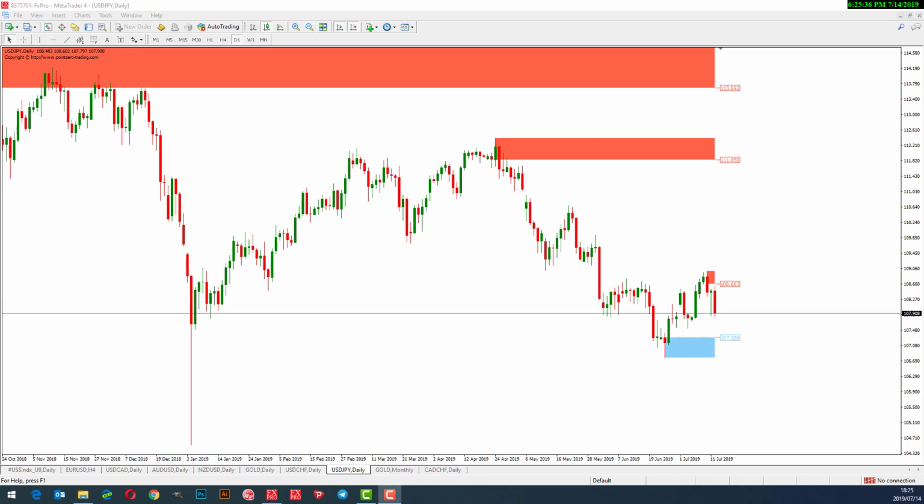Now on a daily time frame, you can see that strong impulsive moves are to the downside. So I'm really expecting price to clear 107 and test 106,800. I'm really expecting price to behave in that way in the coming week.